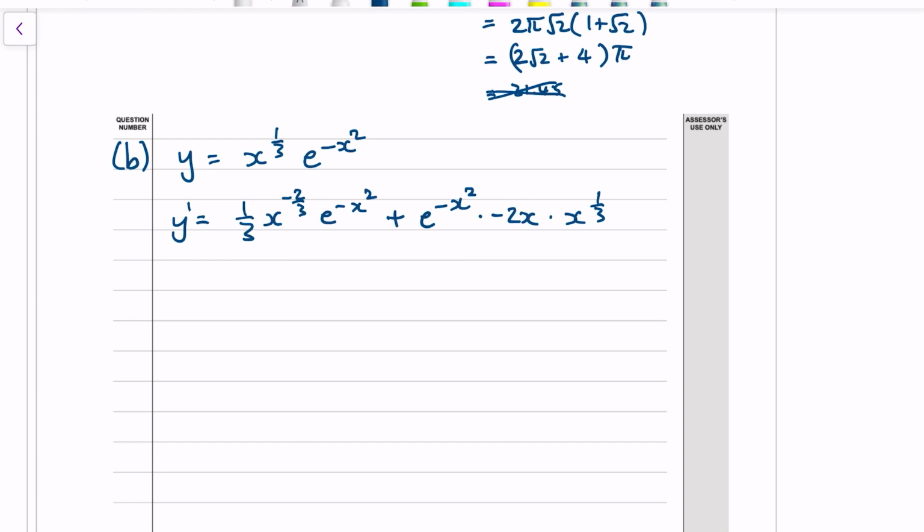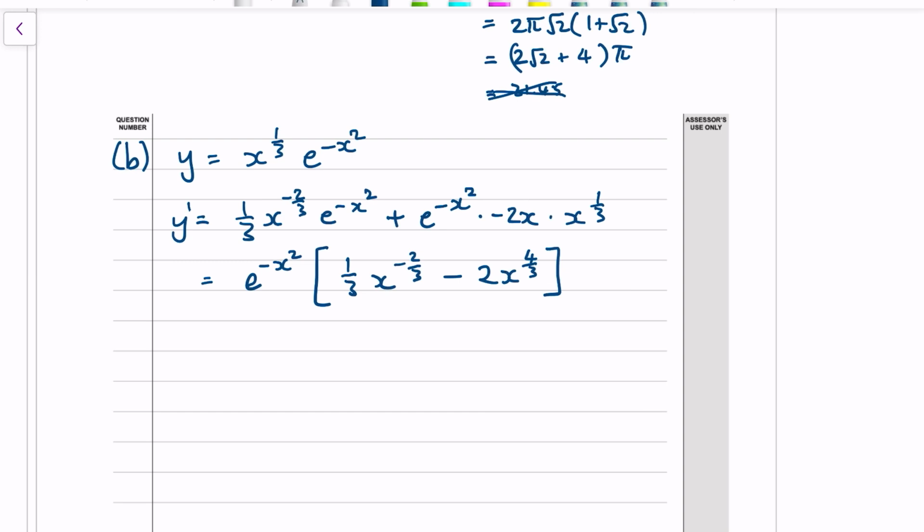And normally I would factor at this point, but I need to diff it again. So I've got an option. I can either use the product rule on both of the terms individually or do a little bit of factoring. E to the minus x squared feels right to pull out, but then I leave the other bracket as just everything else.